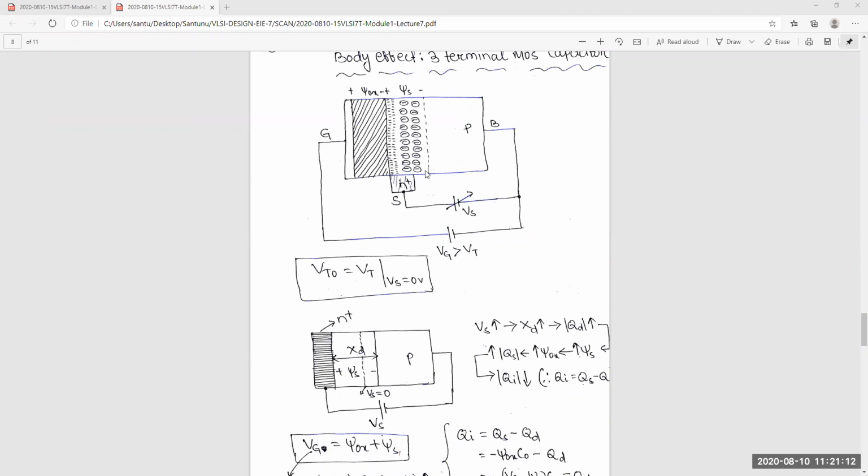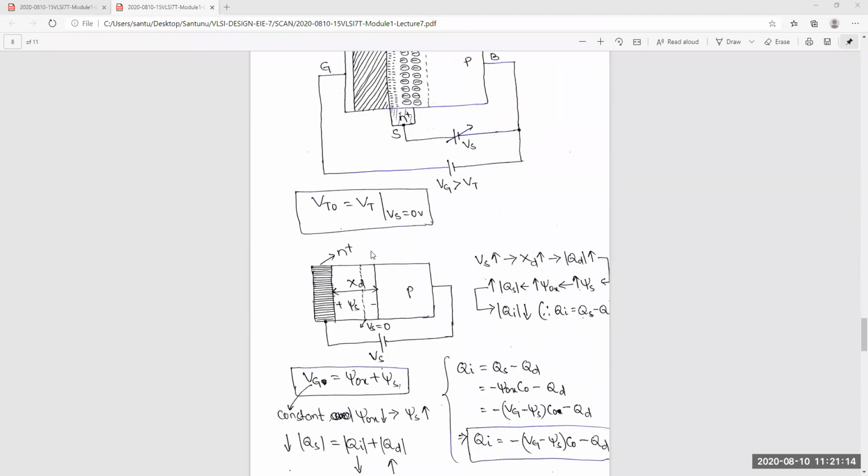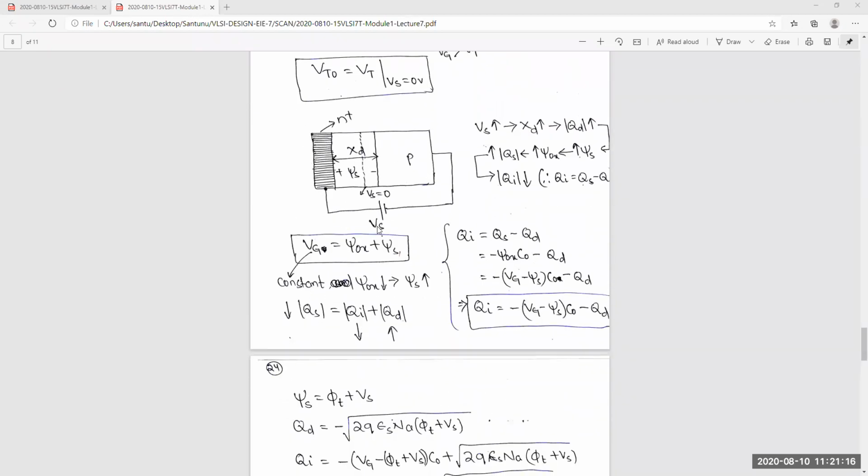Now you are increasing this part. When you give a Vs voltage, some voltage was already there, meaning phi s at the semiconductor surface, which is the built-in potential. If you give a forward bias, that voltage will decrease.